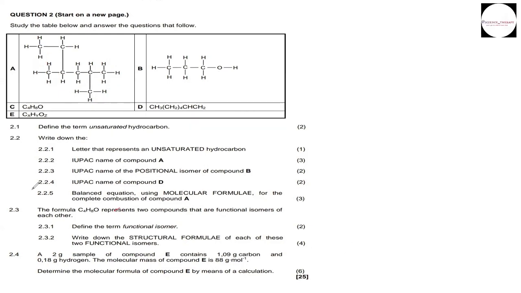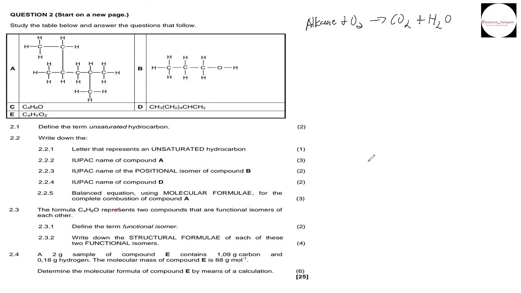Okay, then to answer 2.2.5, it says write down the balanced equation using molecular formulae for the complete combustion of compound A. Now, one thing that we know about combustion is that it always has the general form: alkane reacting with oxygen to produce carbon dioxide and H2O.